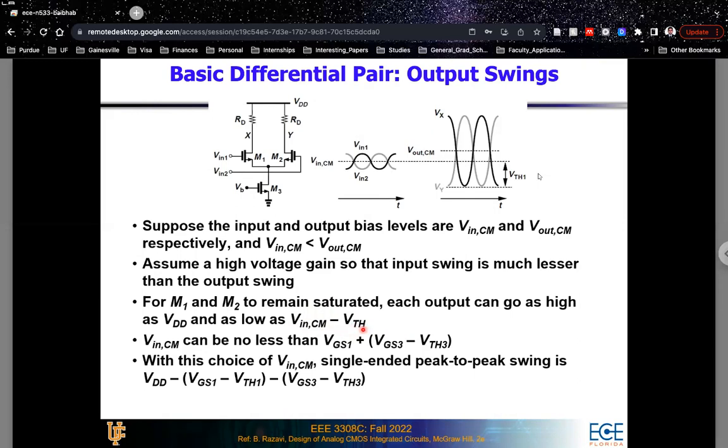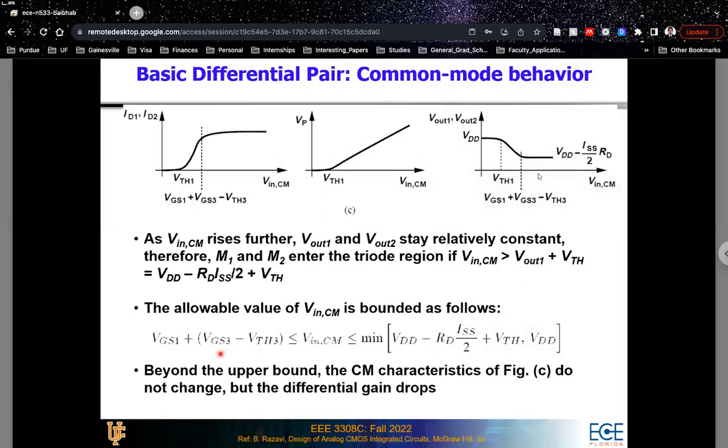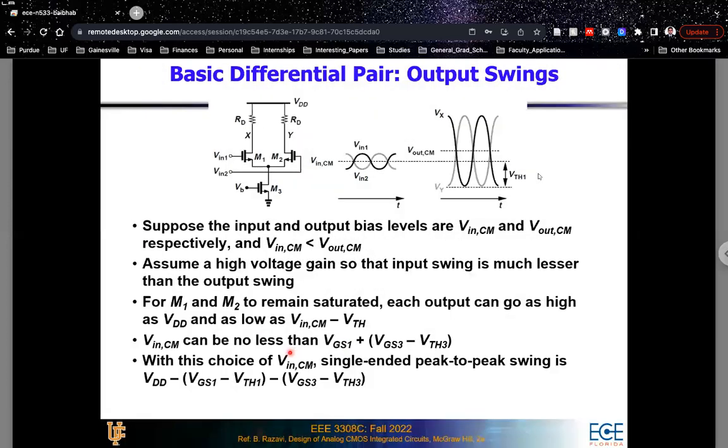So each output will go as low as Vin,CM minus VTH for the M1 and M2 transistors to be in saturation. Now the value of Vin,CM, you already know, can be no less than VGS1 plus VGS3 minus VTH3. And that you know from this equation. So the minimum value of Vin,CM is that. Now with this choice of Vin,CM, the single-ended peak-to-peak swing at the output will be from VDD.